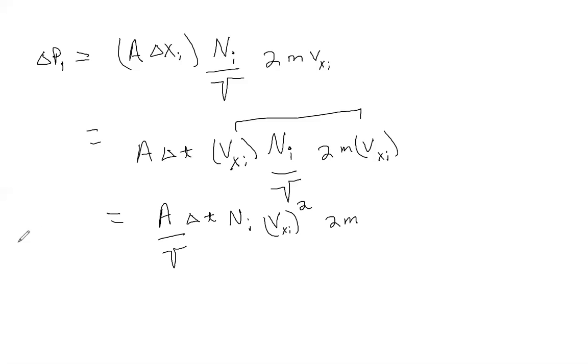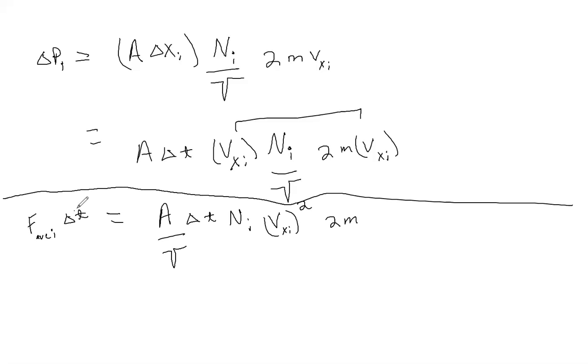And I can rewrite that using the impulse momentum theorem, as I mentioned before, as the average force from particles with that velocity times delta t. And then I can simply divide by delta t. And you can maybe kind of see where I'm going here.